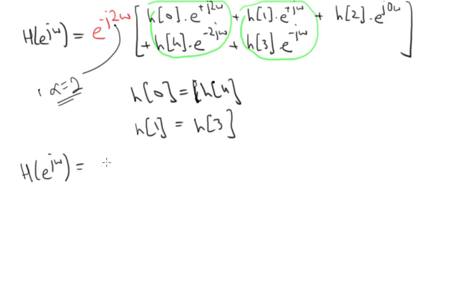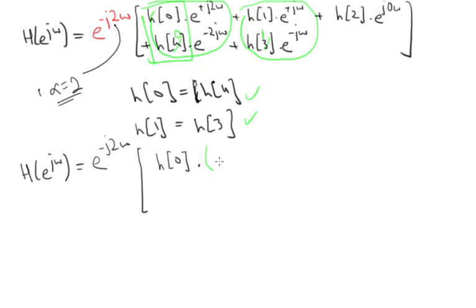Here, e raised to power minus j2 omega, h of 0 into, I can replace this 4 with 0 because they are symmetric. Similarly, I can replace 3 with 1 here due to these symmetries. So I can take common h of 0 from here.